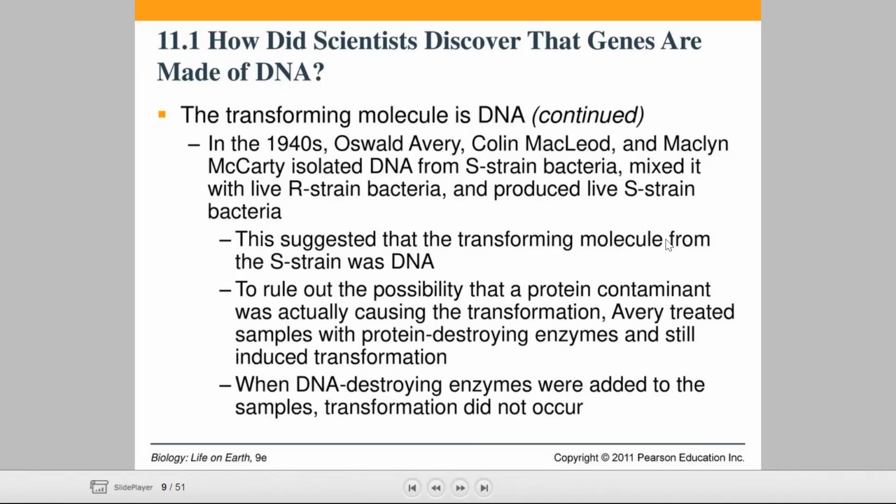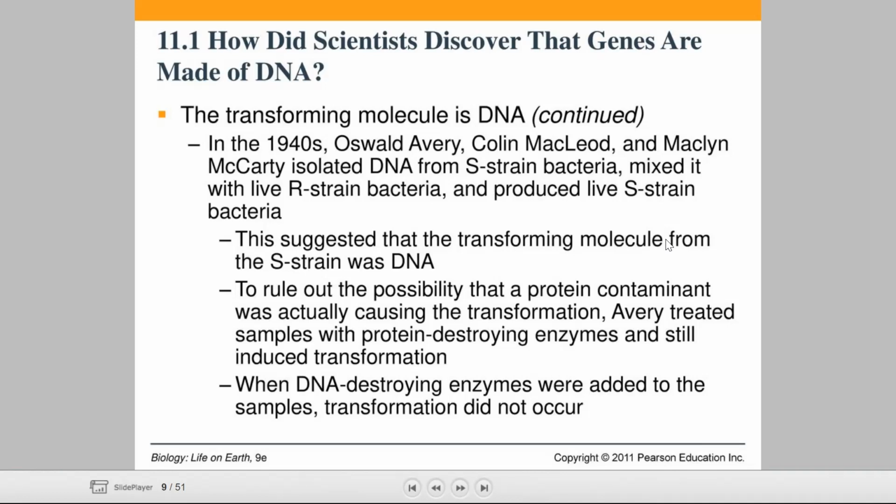This suggested that the transforming molecule from the S strain was DNA. Because now these scientists wanted to prove the hypothesis, the presumption that the DNA molecule is the one causing all of this phenomenon.